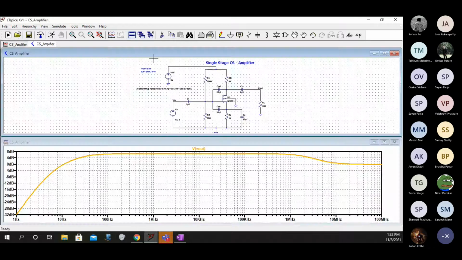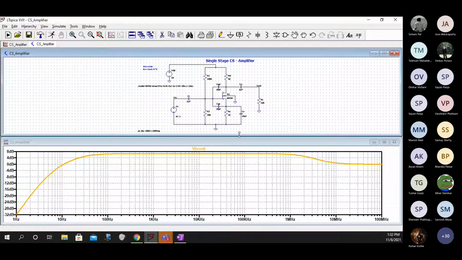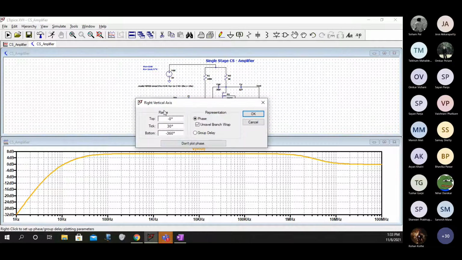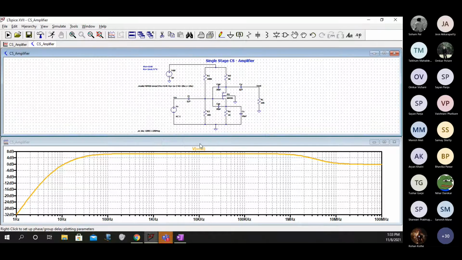So now I want to see the circuit as well as the graph in this way. And remove that phase plot. Right click here and say don't plot phase.